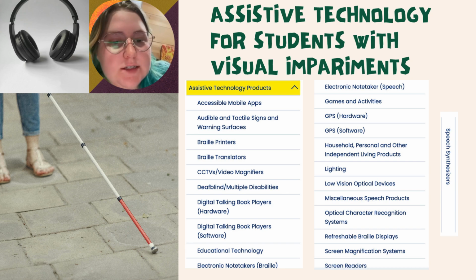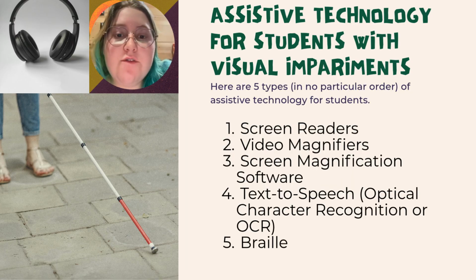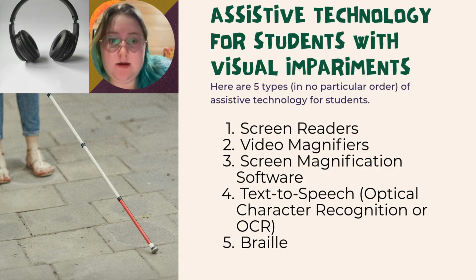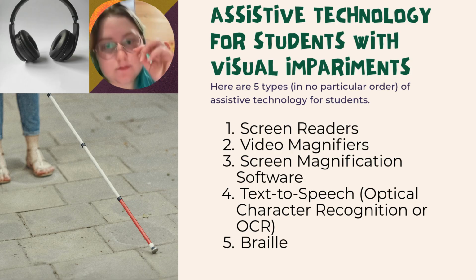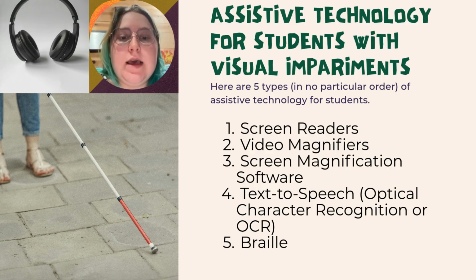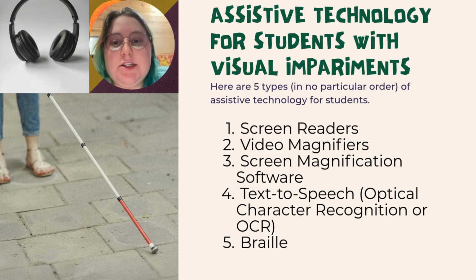Screen magnification systems, screen readers, and speech synthesizers. So here are 5 assistive technologies for students with visual impairments in no particular order. I'm going to discuss each one. So screen readers, video magnifiers, screen magnification software, text-to-speech, which is optical character recognition or OCR, and braille.